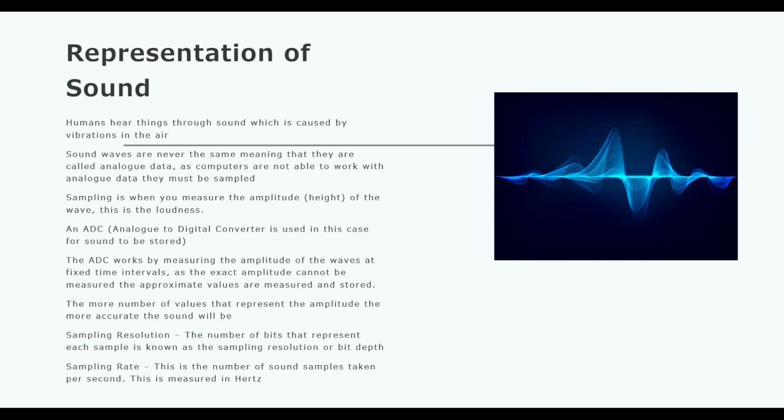Humans hear things through sound, which is caused by vibrations in the air. Sound waves are never the same. I could do many pitches and I could change my voice if I wanted to. This could mean that you never know if it's me or someone else. This is called analogue data. Sound waves can never be predicted because our human mind can do what we want it to. We can make our voice really high or really low.